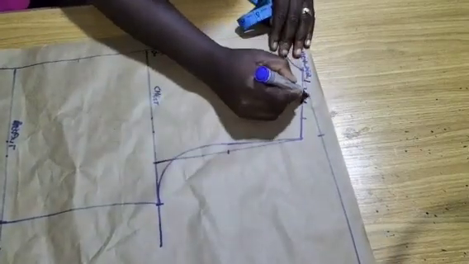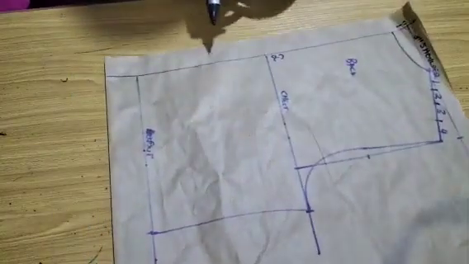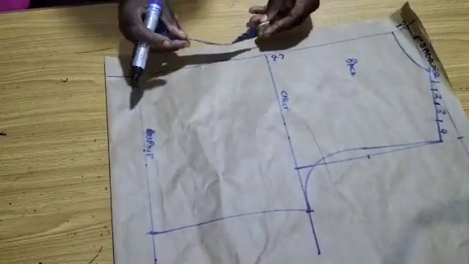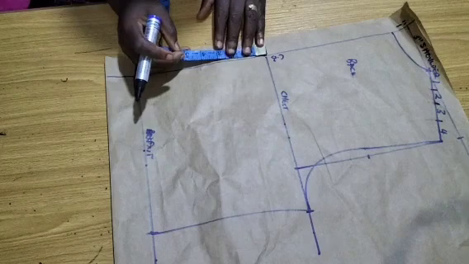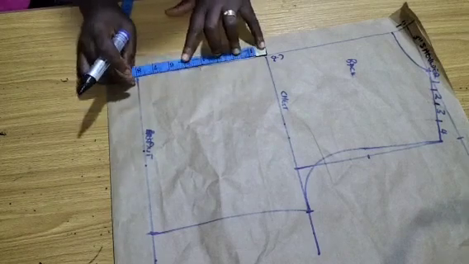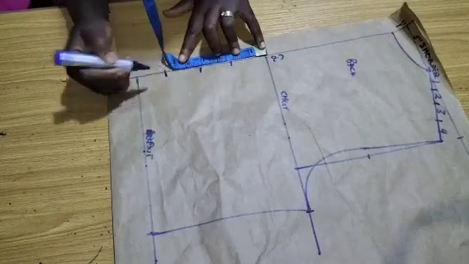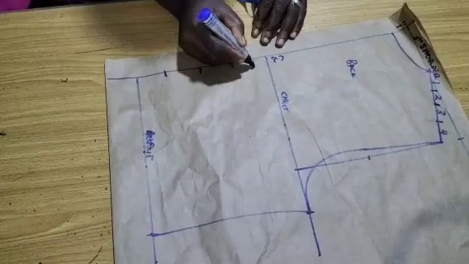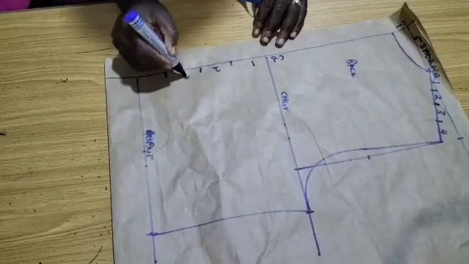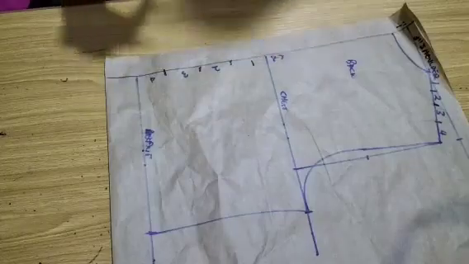So here I have 1, 2, 3, and 4. Then I'll come over to the chest line. I'm also going to divide the cowl effect I have on the chest line by 4. So here I have 1, 2, 3, and 4 as well.